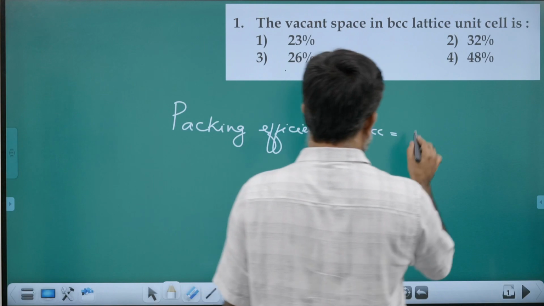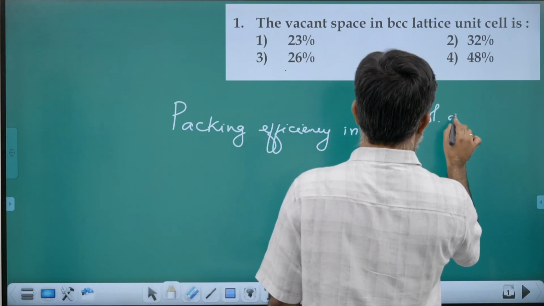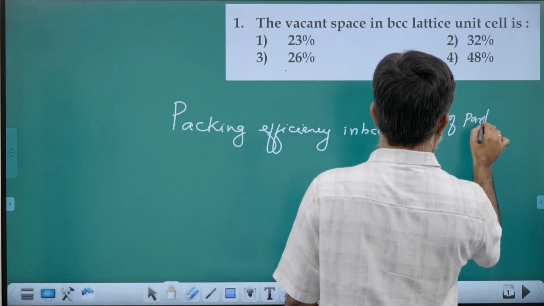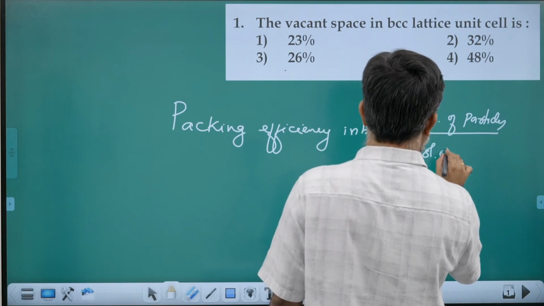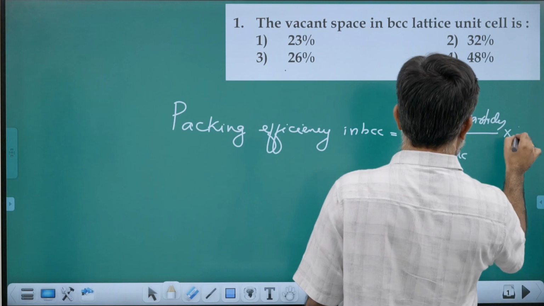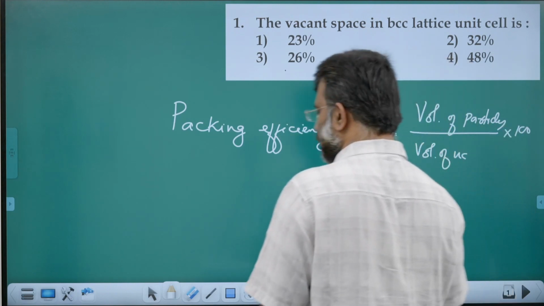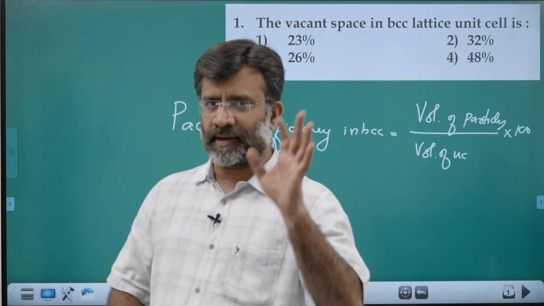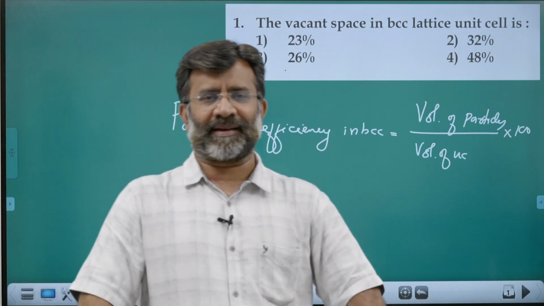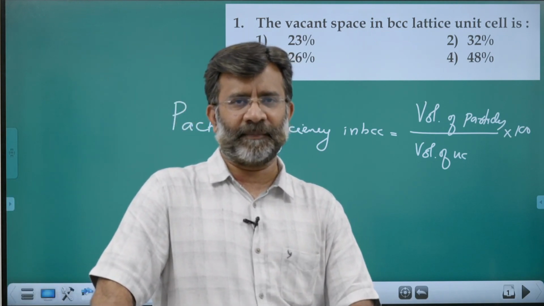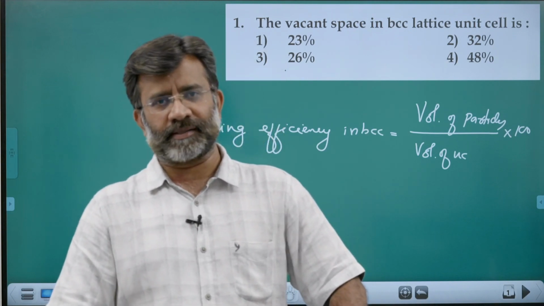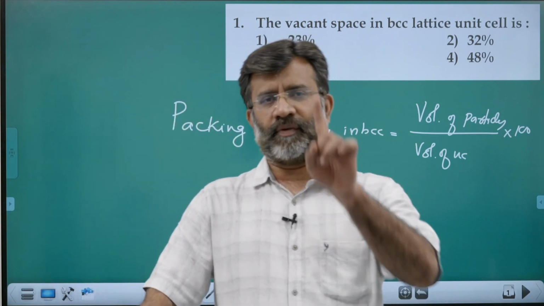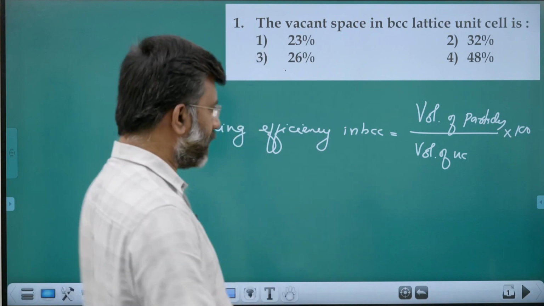The packing efficiency in BCC crystal is equal to volume of particles divided by volume of unit cell into 100. So what is the volume of the particles? How many particles are there in BCC? All of you know BCC system has 8 particles at the corners and 1 particle in the body center.